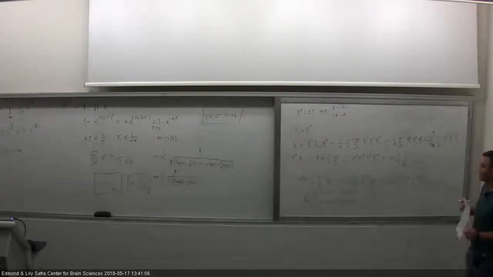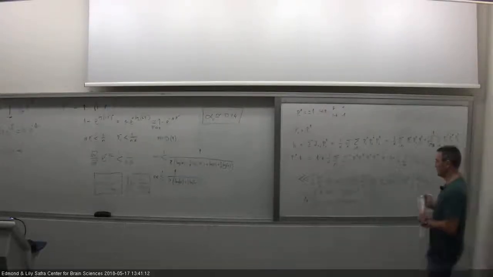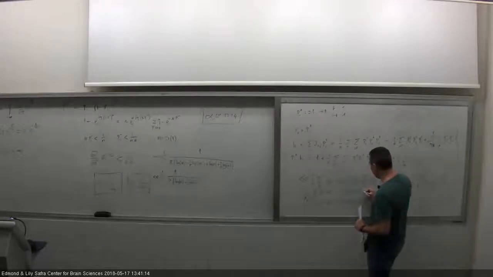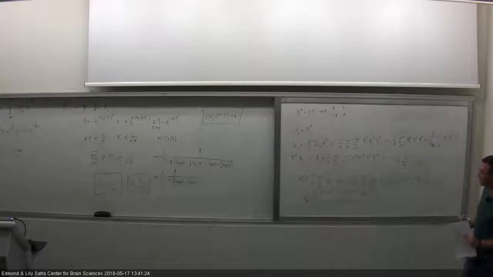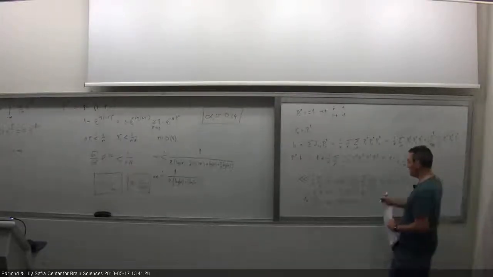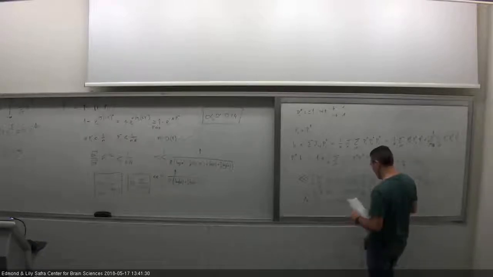Now the average is clearly not 0, but let's compute it anyway. And for simplicity, let's consider the case of f being small. Let's take the limit of small f to gain some insight. In this case, this will be dominated by 3f, and this will be dominated by 1 minus 3f.